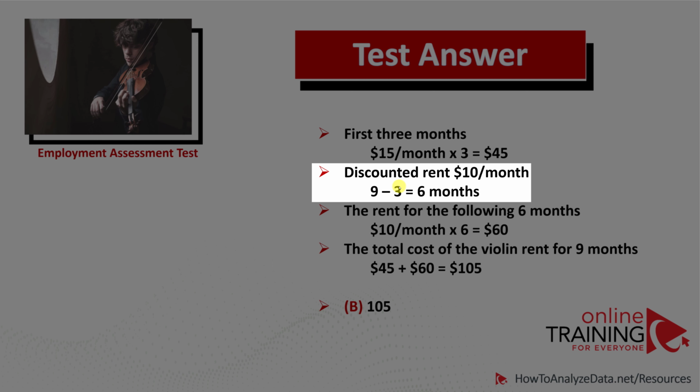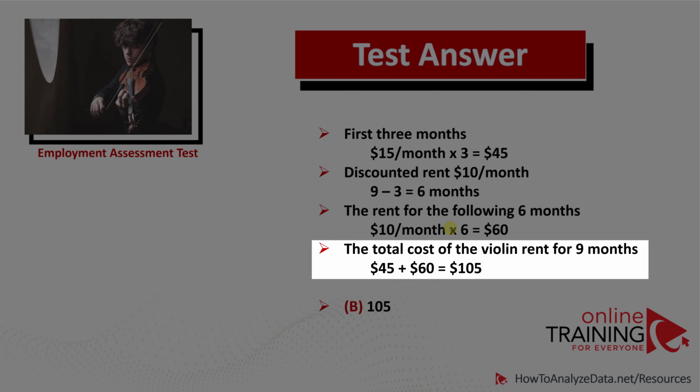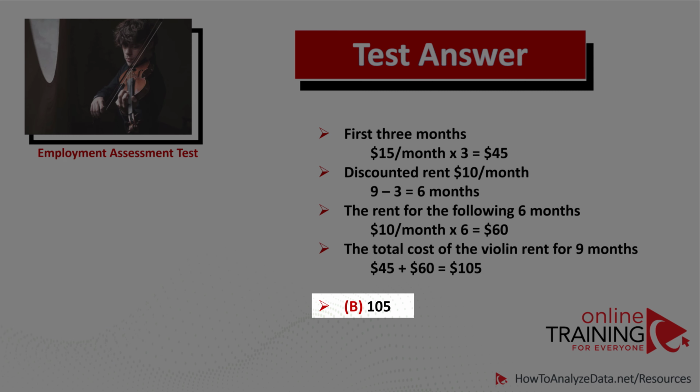So the value for the next 6 months would be $10 per month multiplied by 6, which is equivalent of 60. So the total cost of renting the violin for 9 months would be 45 plus 60, which would be an equivalent of $105. So the correct choice here is choice B. Hopefully you've nailed this question.